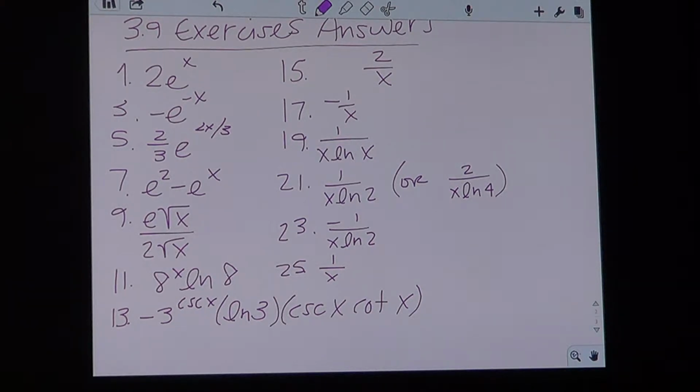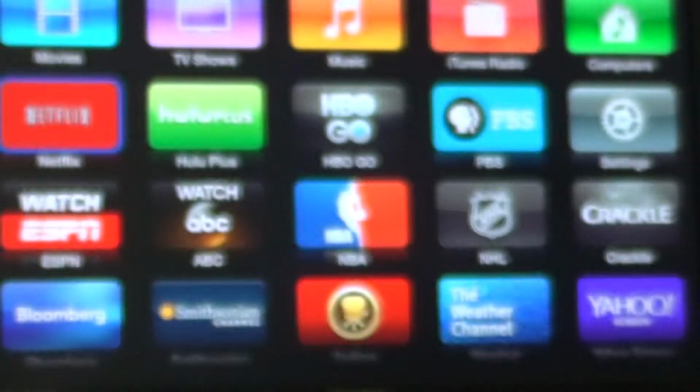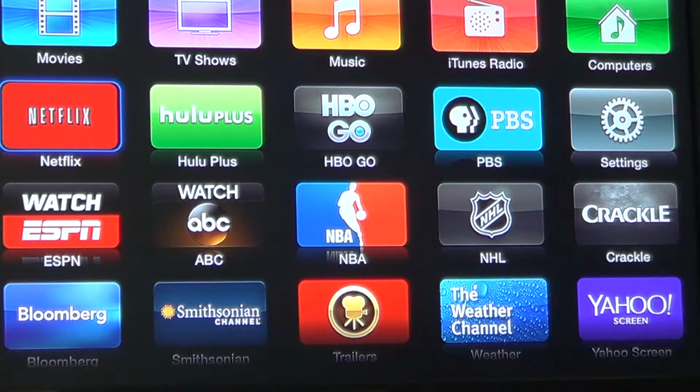For number 7, I had an x before the first e. I had x e squared minus e to the x. X is not part of it, so it would be product rule.